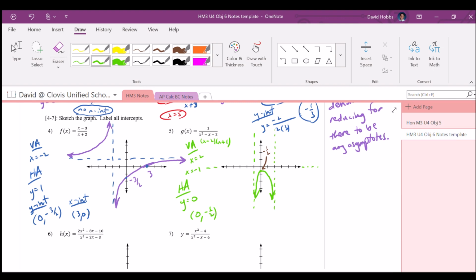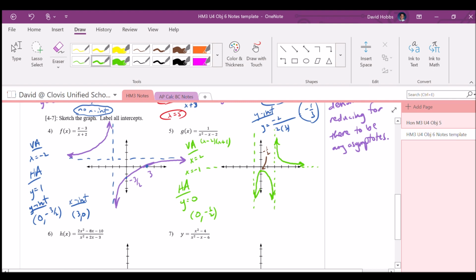So plug in something to the right of this vertical asymptote, so like 3. We plug in a 3. Now the top is 1 no matter what, so 3 squared is 9, minus 3 is 6, minus 2 is 4, so positive 1/4. So we're above at 3, so therefore we must be coming from up high and going to elevation 0 as we go out to the right.